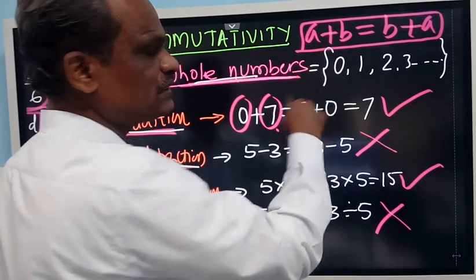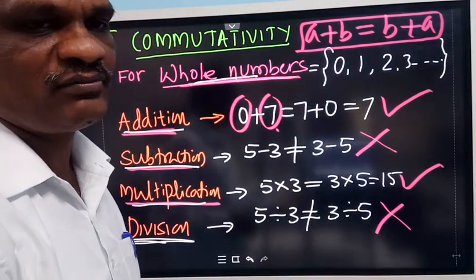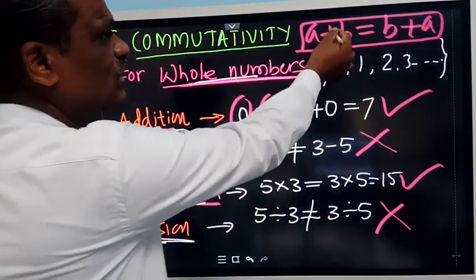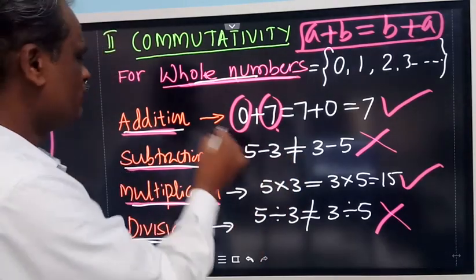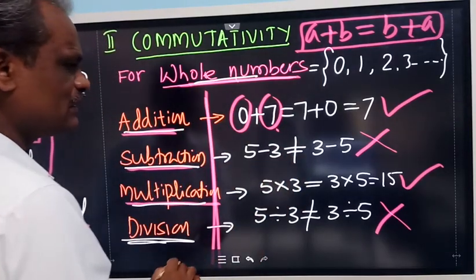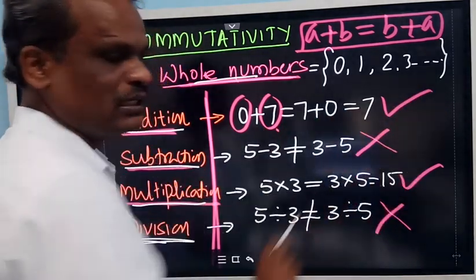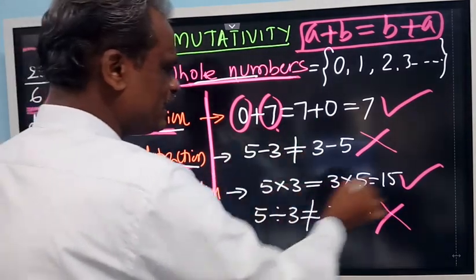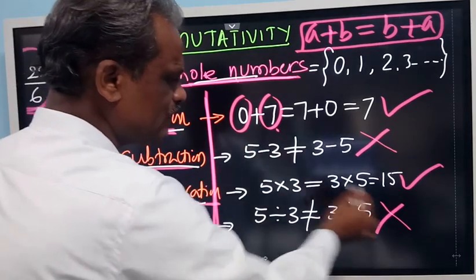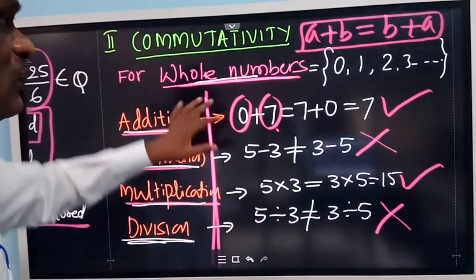Suppose A into B is there, then you have to make it B into A. If that is same, then we call it commutative. Okay, so we have performed all the 4 activities and checked that one. It is commutative under addition, it is commutative under multiplication, but not commutative under subtraction and division. So this is for only whole numbers.